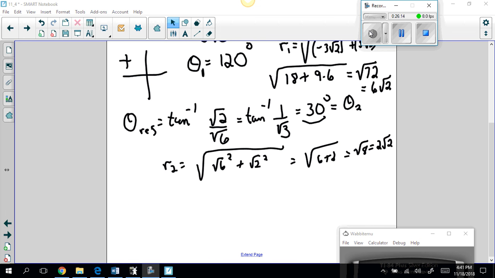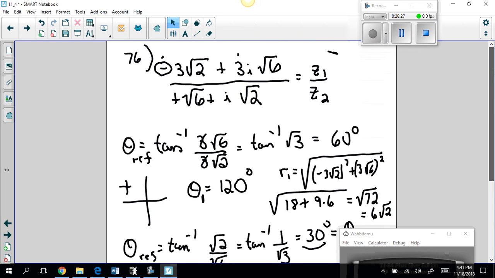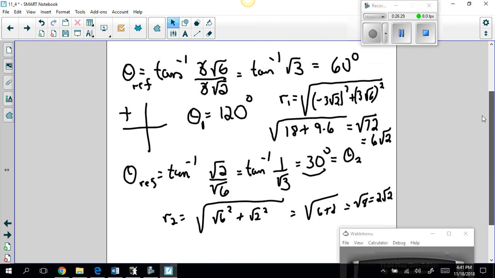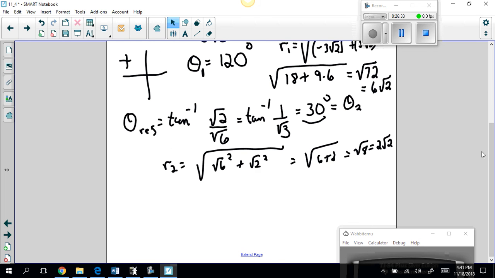Pause. Okay, now that we did all the work, we got Z1 with theta 1 being 120 and the radius being 6 radical 2.